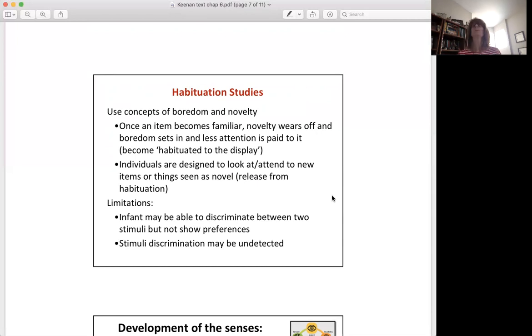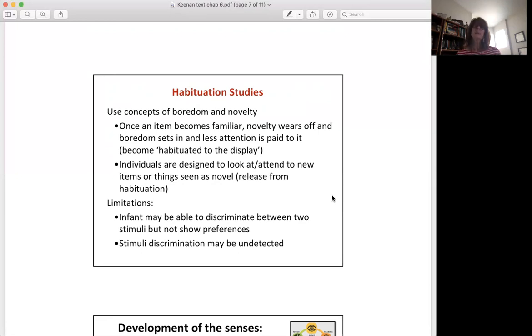It's called being habituated to the display in research. We as people are designed to look and attend to things that are new and exciting and novel. In other words, it's somewhat of a release from habituation. It allows us to continue to be, for lack of a better word, curious.